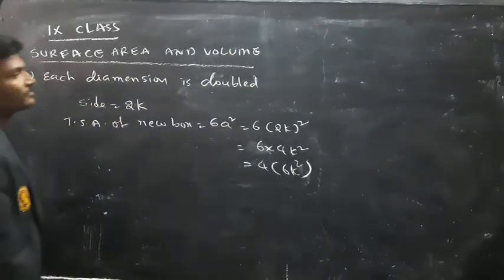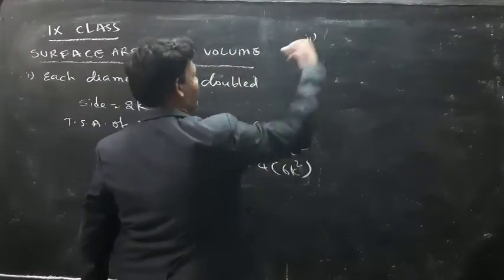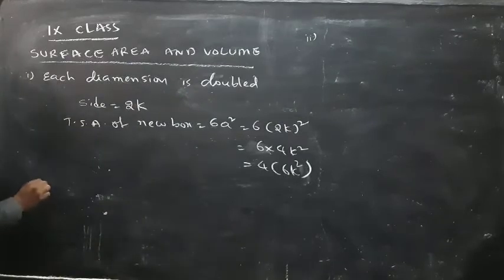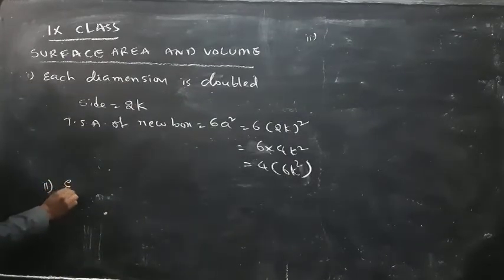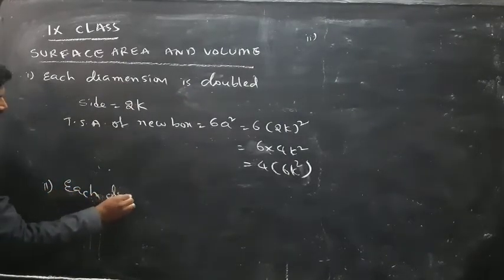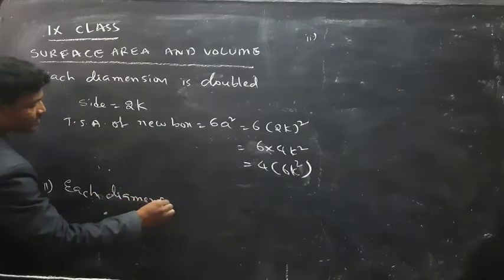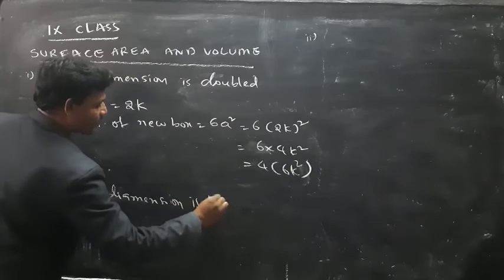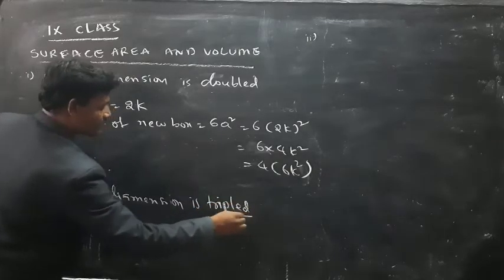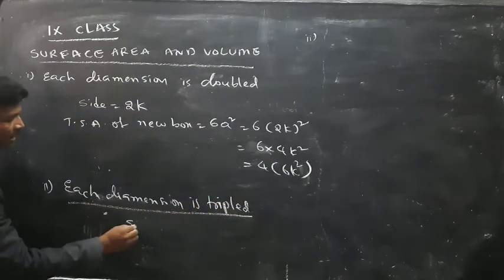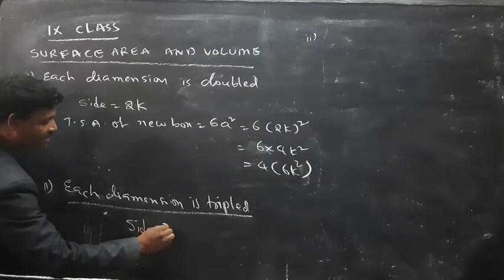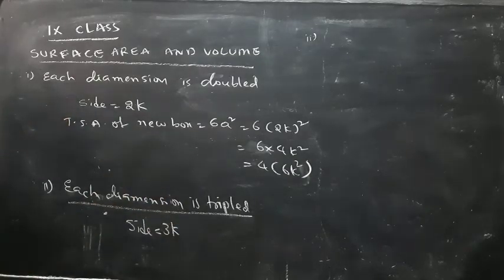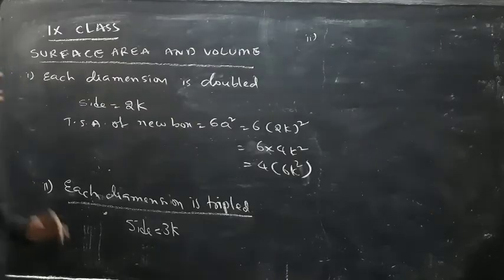Next, second concept. If each dimension is tripled, it means now I am taking side as 3k.